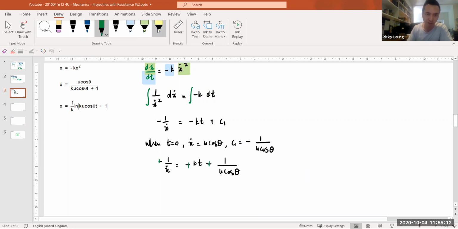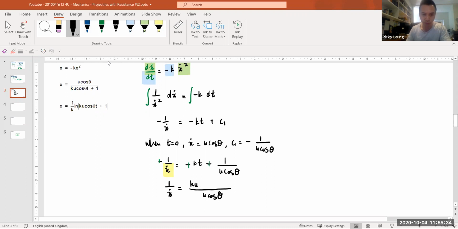Now, what am I after? I'm after velocity here. I need to make this guy the subject, so the smart thing to do is common denominator this side, and then reciprocal both sides. So 1 on v equals the common denominator of u cos theta, times that up. Now I'll put the t on the back because that's the variable.